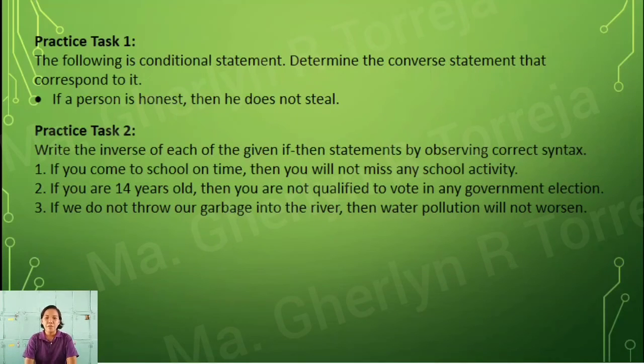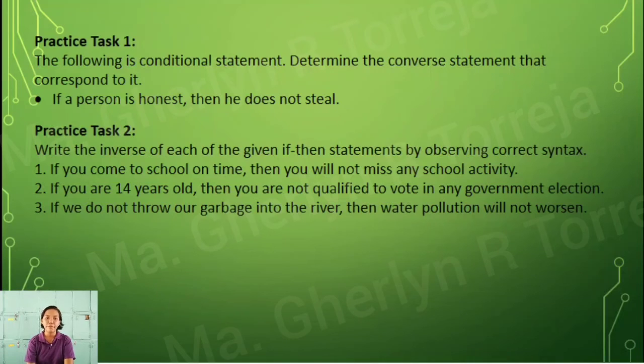To determine the converse of the given conditional statement, kailangan po malaman o ma-identify nyo muna kung alin yung hypothesis at yung conclusion. So, when we say hypothesis, eto yung clause that follows the word if. Samantalang yung conclusion, this is the clause after the word then.